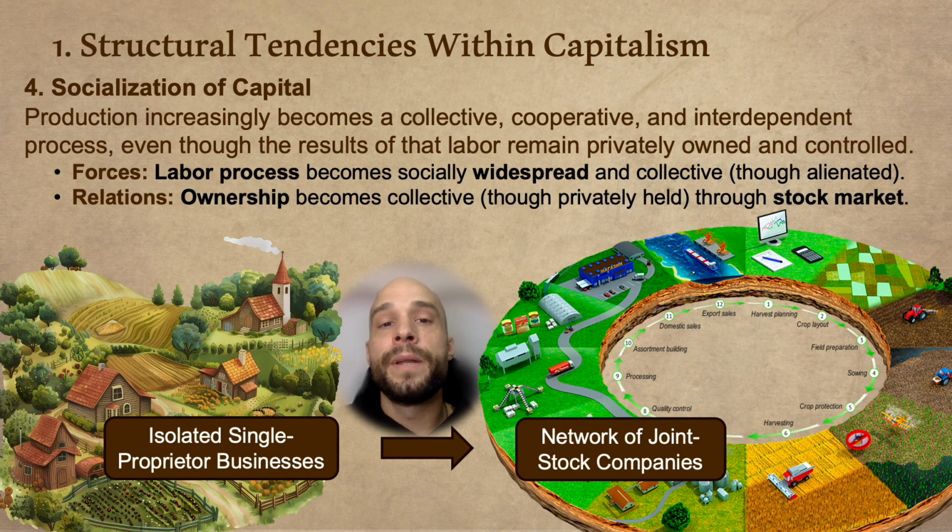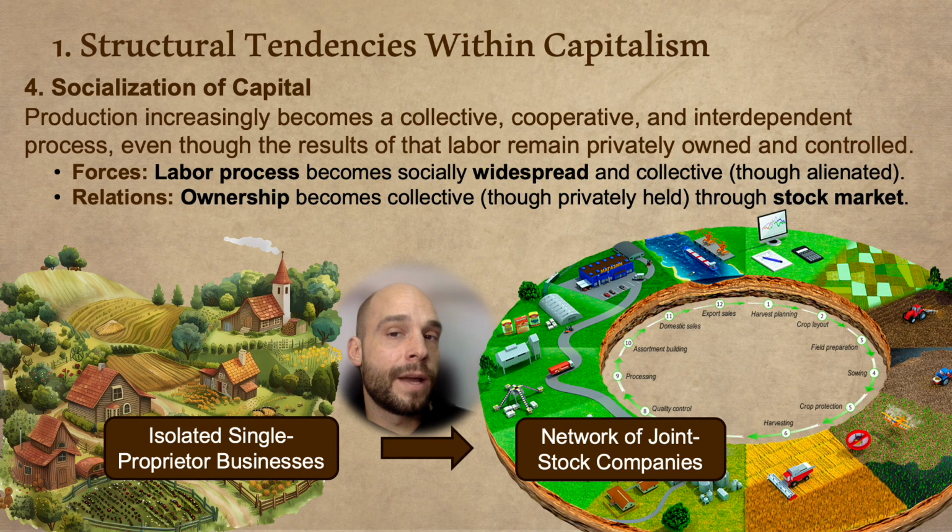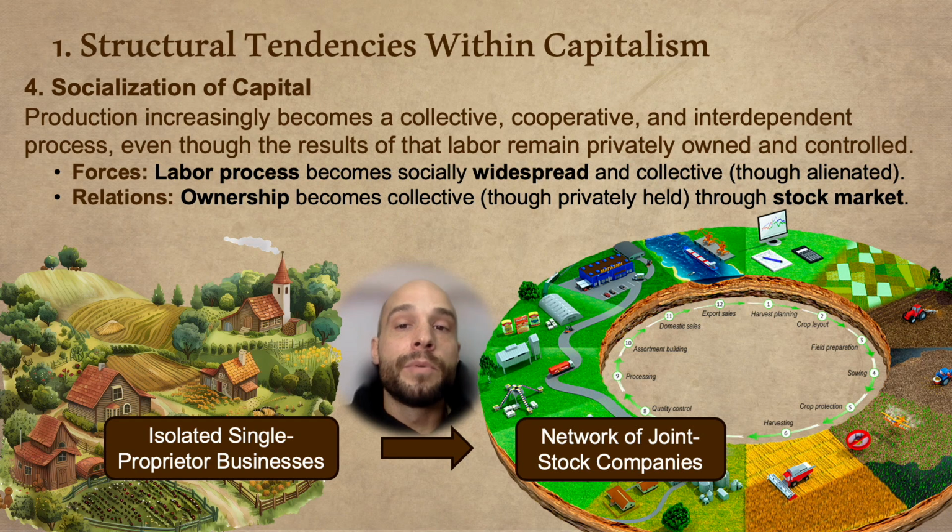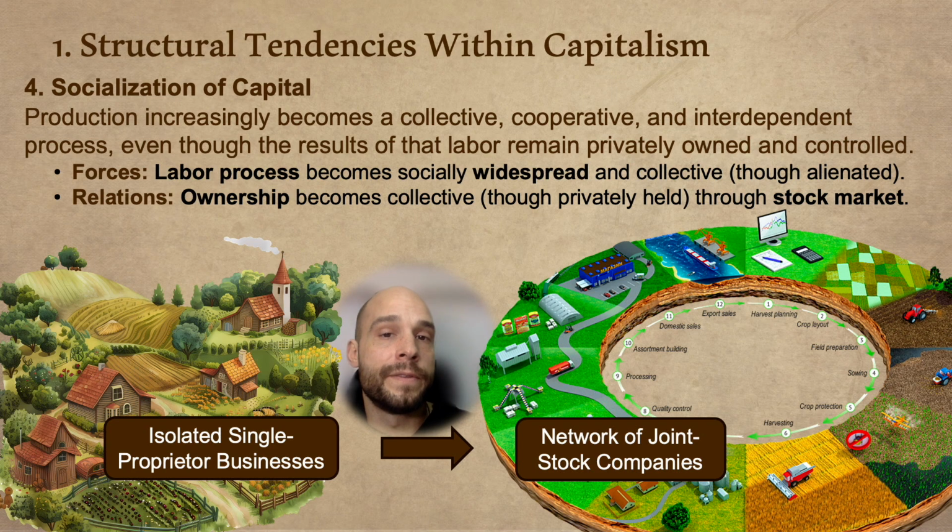The second moment concerns the relations of production, especially ownership. In feudalism and early capitalism, productive enterprises were typically owned by single individuals or families. As capitalism develops, ownership tends to become formally collective through joint stock companies, pension funds, and public markets.